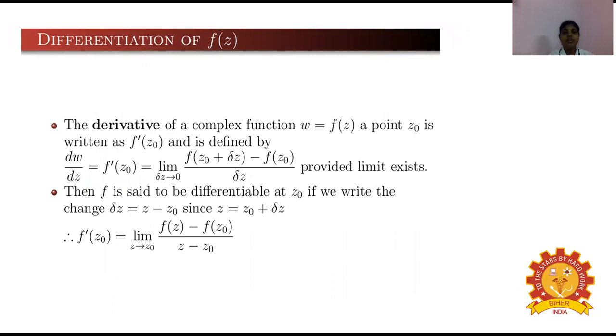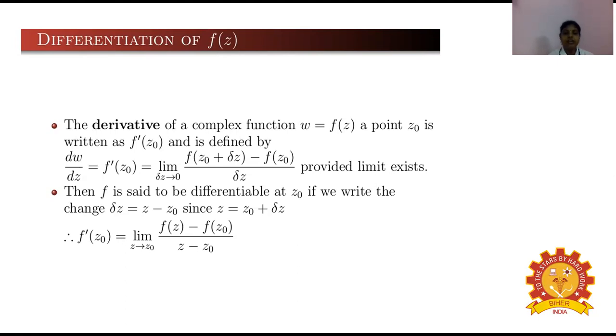Next, differentiation of f of z. The derivative of a complex function w equal to f of z at a point z0 is written as f dash of z0 and it is defined by dw by dz equal to f dash of z0 equal to limit del z converges to 0, f of z0 plus del z minus f of z0 divided by del z, provided the limit exists.